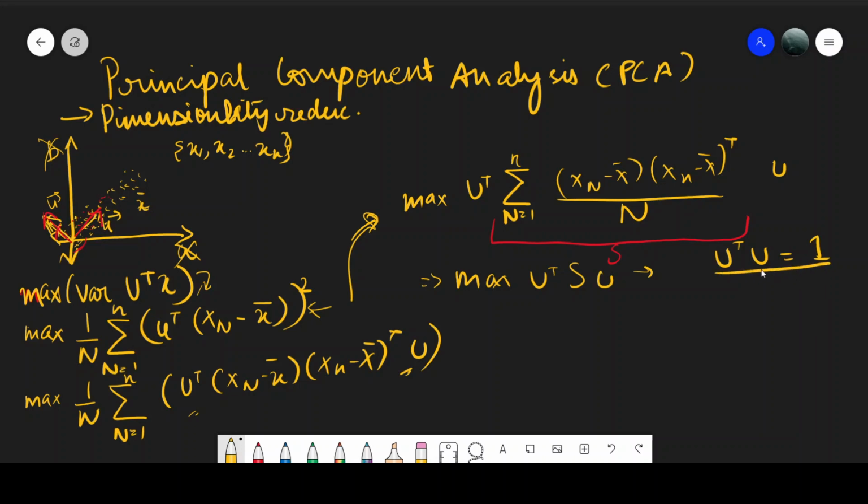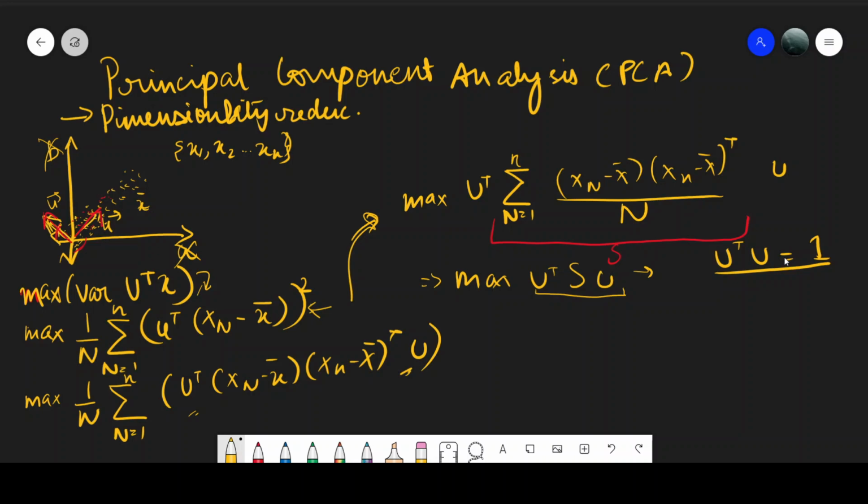You can write that as 1, 100, 1000, but as long as the magnitude U transpose U does not change, you're good to go. I'll just take it as 1 for all practical purposes. And now I want to maximize this equation subject to the constraint that U transpose U equals 1.